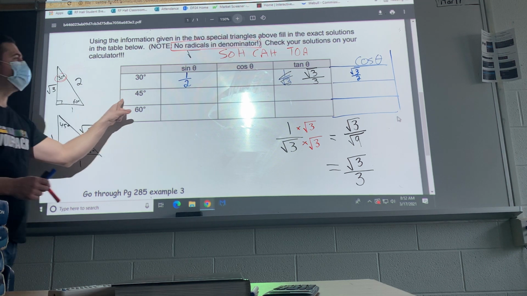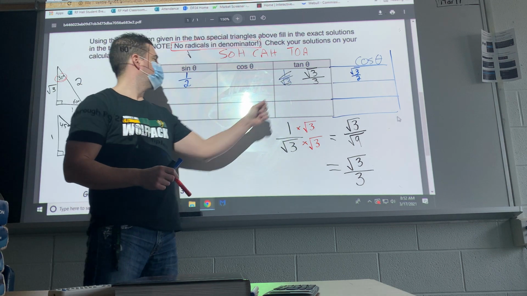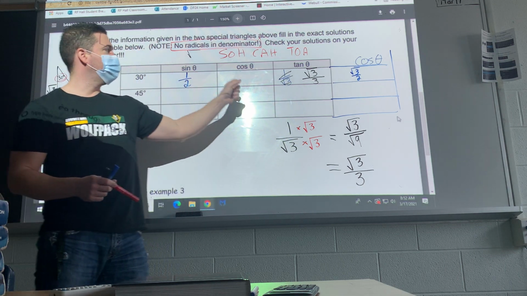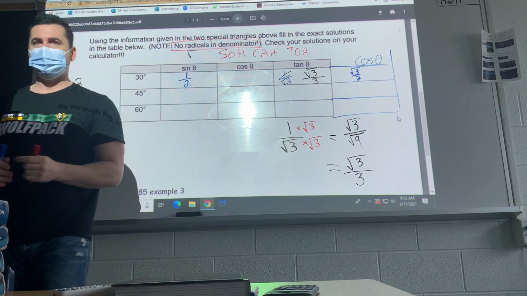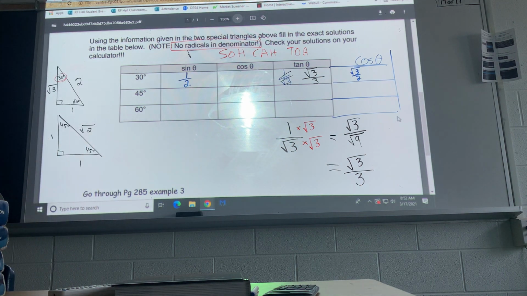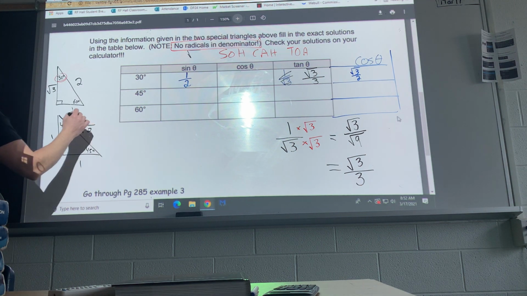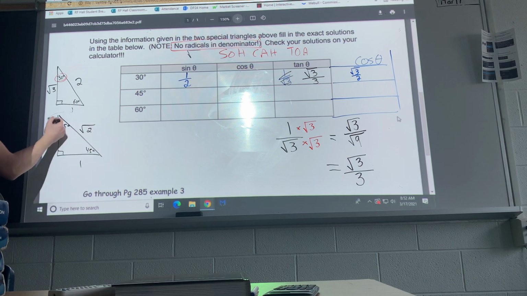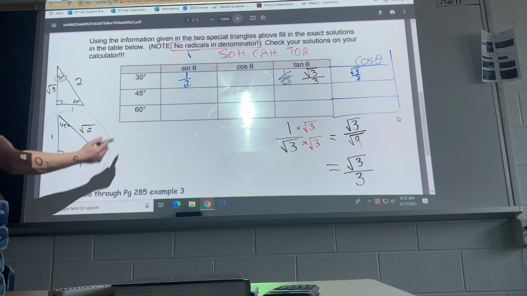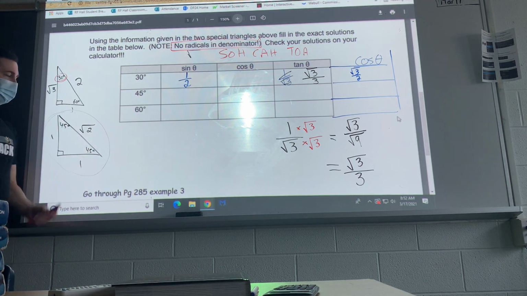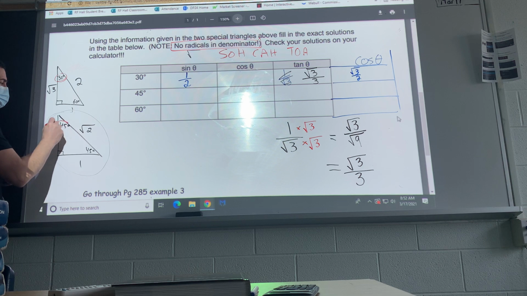Okay, now let's work with the 45s. We're going to do sine 45, cos 45, and then tan 45. So now we're looking at this special triangle here. Sine of 45, it doesn't matter which 45 you choose, but just to keep it consistent, I'm going to use the 45 here in the top left corner.